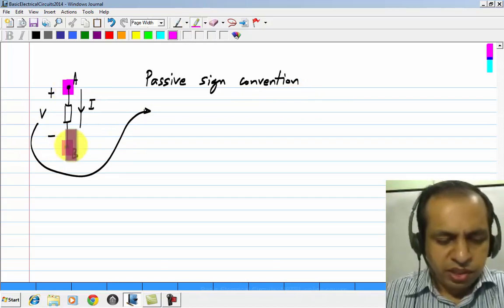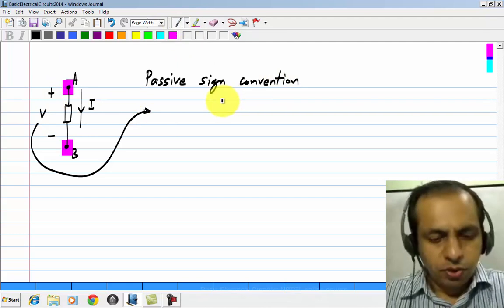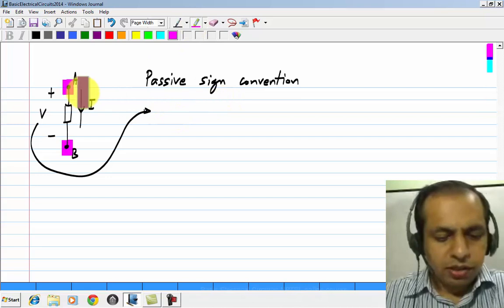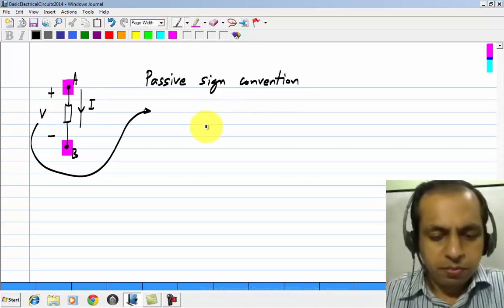Say we choose A to be positive and B to be negative. Now, of course, this does not mean that the voltage is positive this way. This is the way we define the voltage. If we define the voltage like this, then the current I should be defined as going into terminal A, that is whichever terminal is defined as the positive for the voltage.